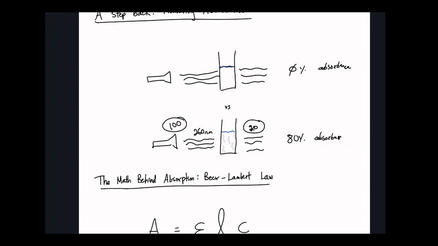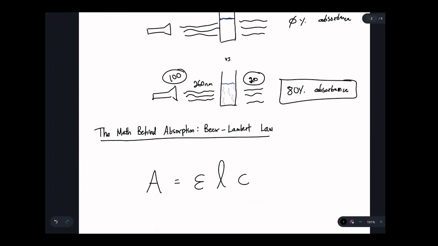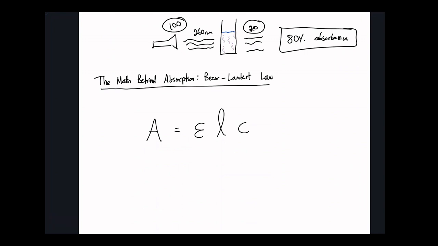And so we have very fancy machines that can measure the light passing through a sample and give us an idea of how much light is going through. And from that, we can actually figure out a concentration of DNA. Now, the math behind this is the Beer-Lambert law. I'm not going to go into too much detail on this topic, but the basic idea is that this is the absorbance measured.